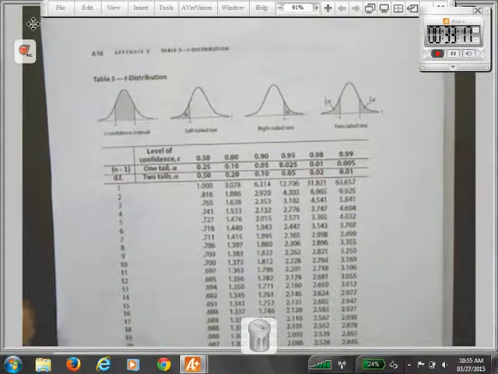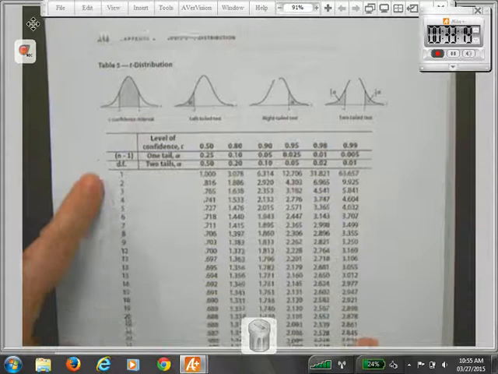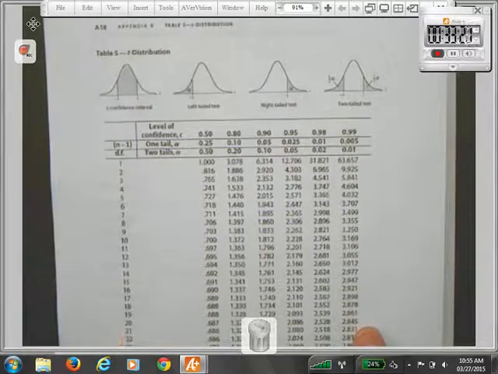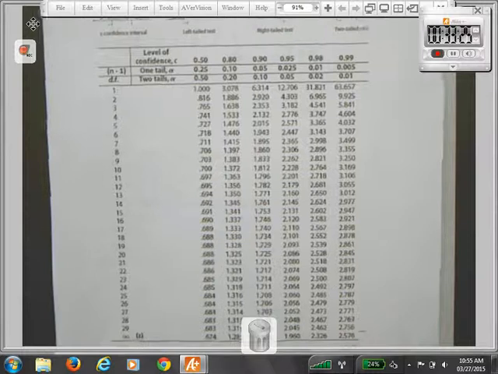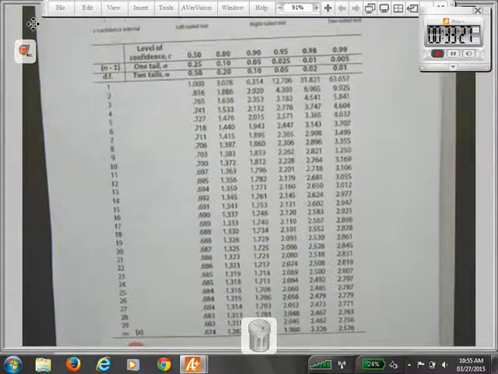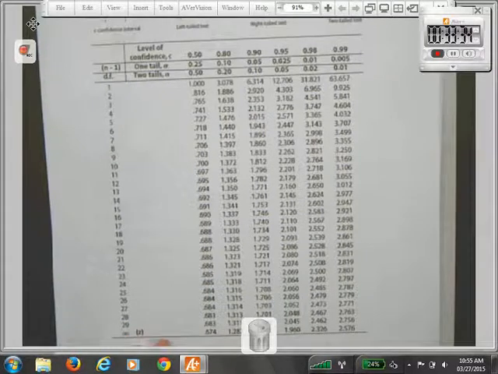To the left here, this column of numbers goes from 1 to 29, and then it has the infinity symbol, which is where I've put Z. We've been using numbers of 30 or higher. We've been using these values at the bottom for Z.